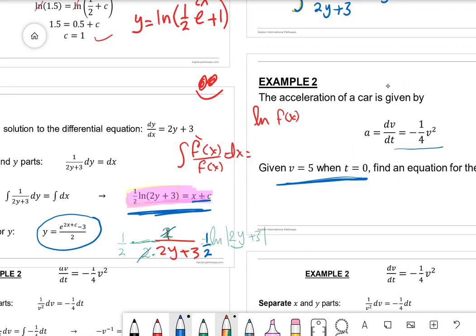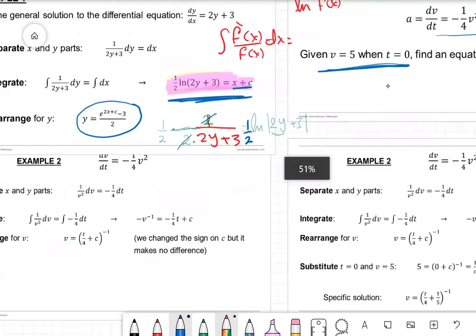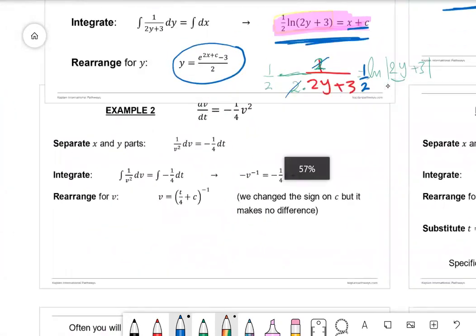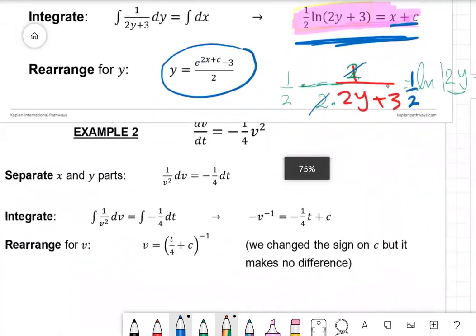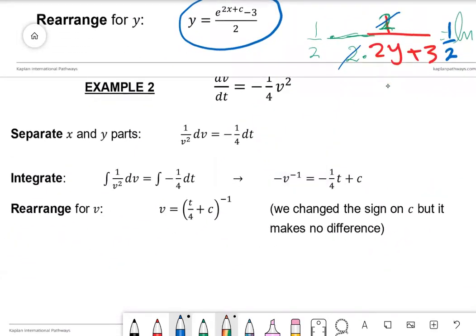So again here, first of all, we need to separate the terms. So we can divide by v squared here. It's like dividing both sides by v squared.